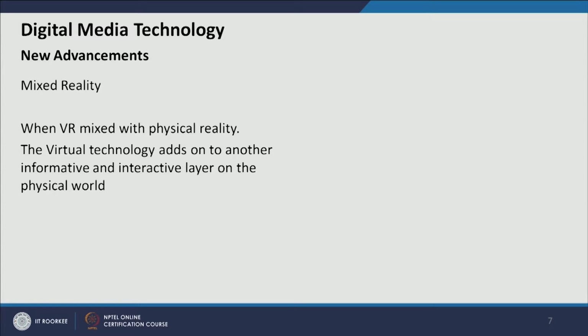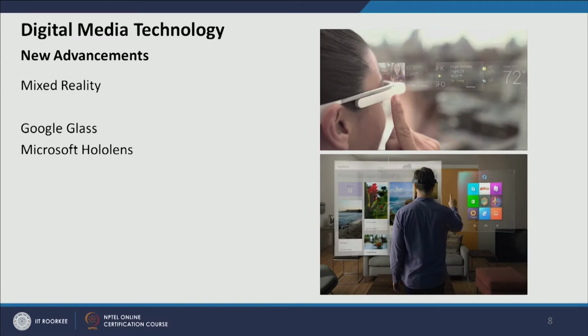There are some technologies which are available, and some which are in the process of launching. One is Google Glass, which Google was researching. Google Glass lets us perceive the physical world, but it gives added information in terms of visual and sound.